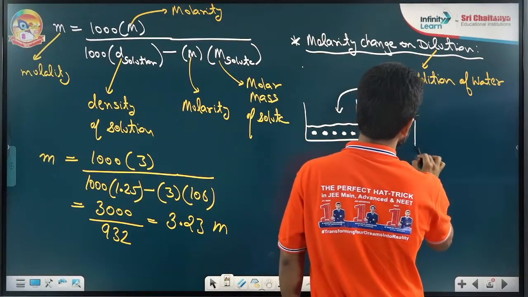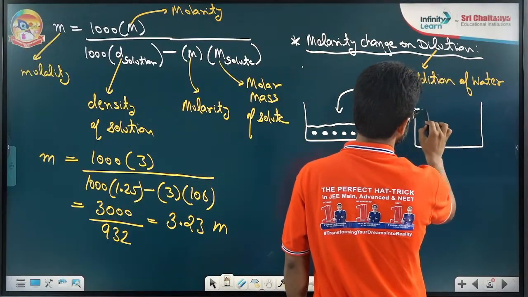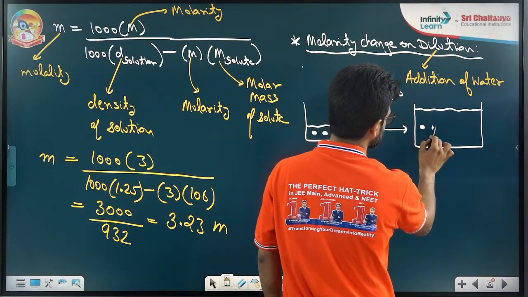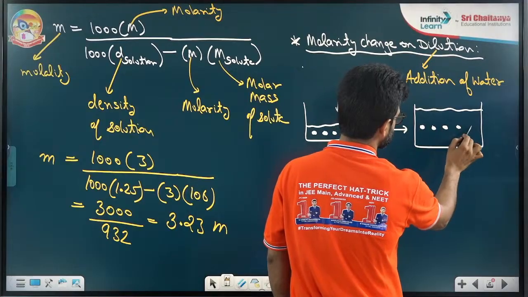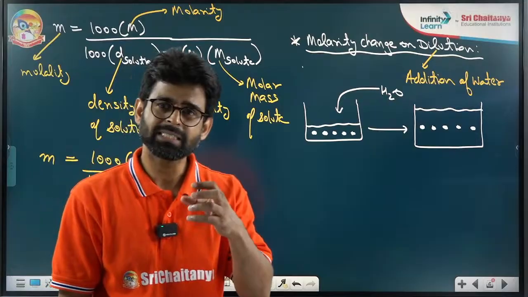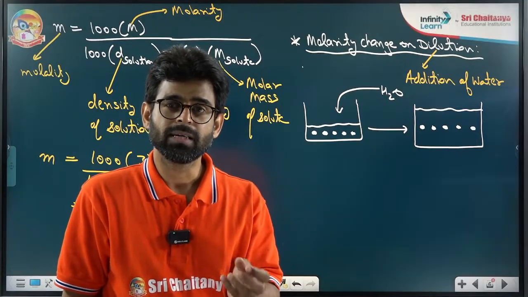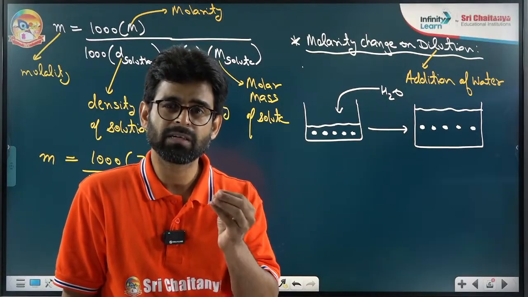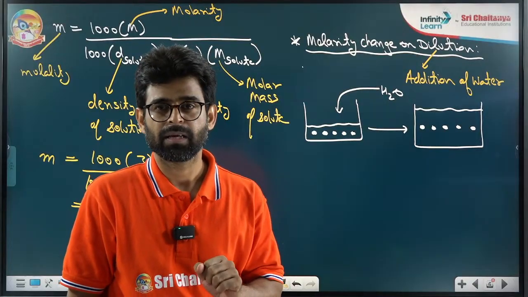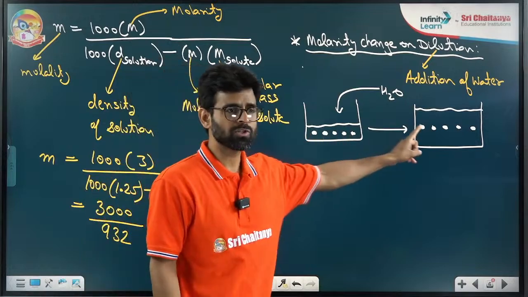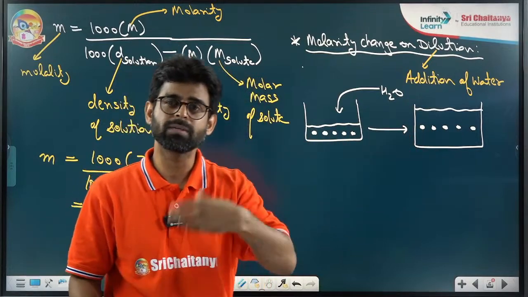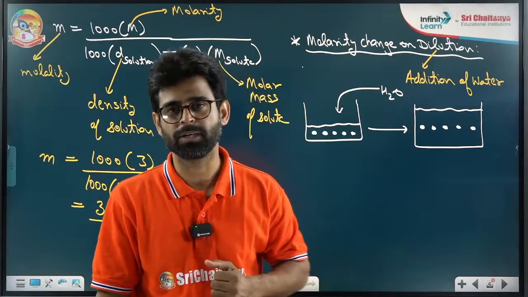You will see the volume of solution is increased, but the solute particles are the same. If I add extra water in the solution, the number of solute particles will remain the same. Here I have 5 particles, here also 5 particles. Particles will not change, but extra water is increasing the volume of solution.